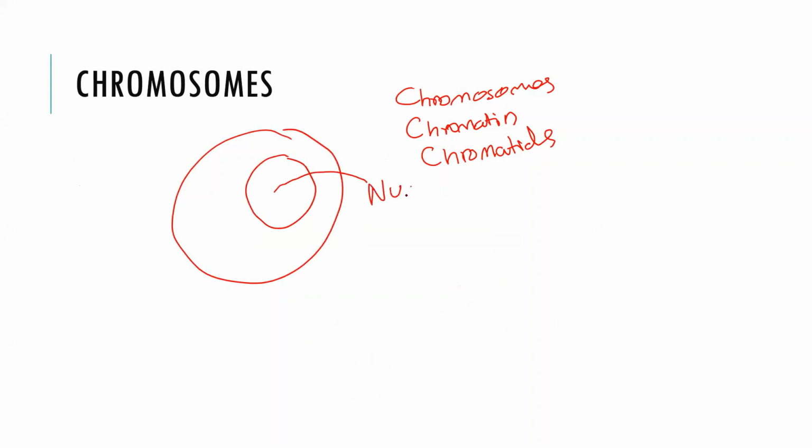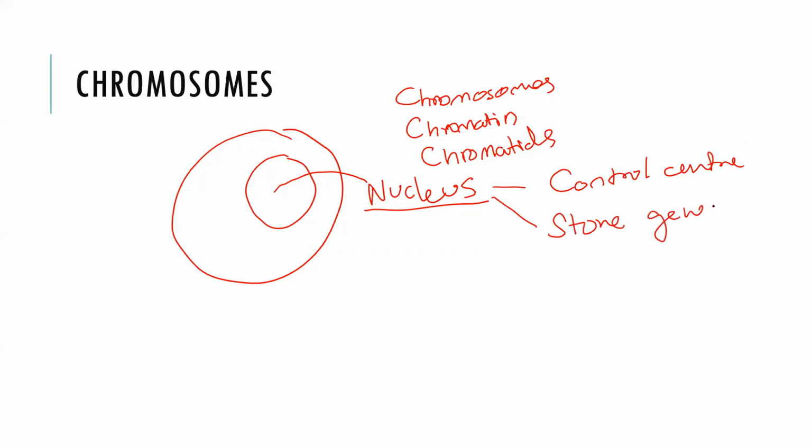This is the nucleus. The nucleus is the control center of the cell. It also stores genetic material. So in this nucleus, you have genetic material as chromosomes, like this.